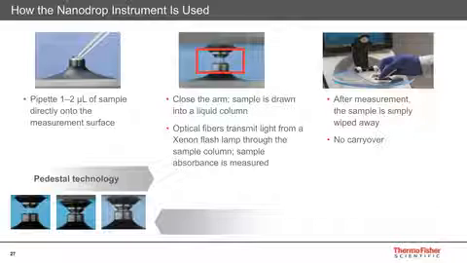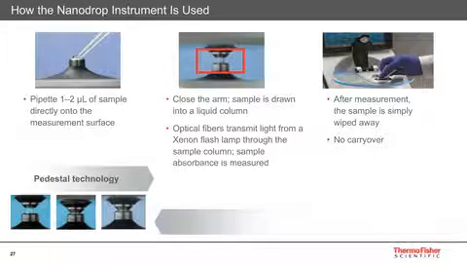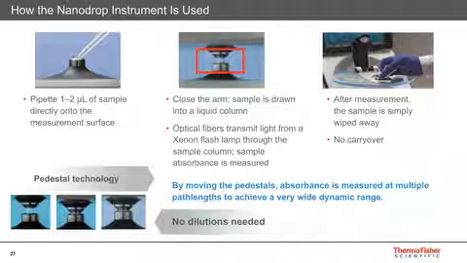Now, how is the Nanodrop instrument used? This is a brief description of how this instrument can be used for a 280 nanometer absorbance measurement. You pipette 1 to 2 microliters of sample onto the surface, you close the arm, the sample is drawn into a liquid column, and optical fibers then transmit the light from a xenon flash lamp through the sample column.